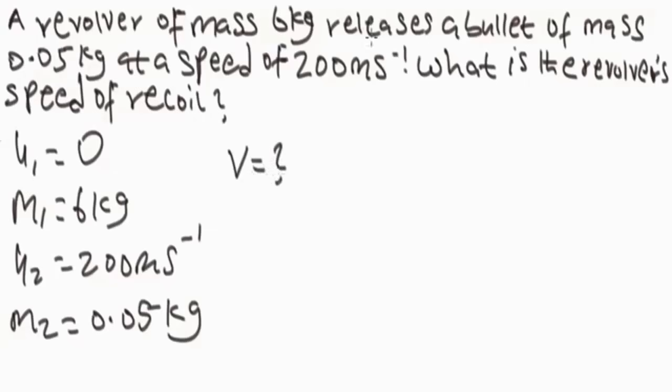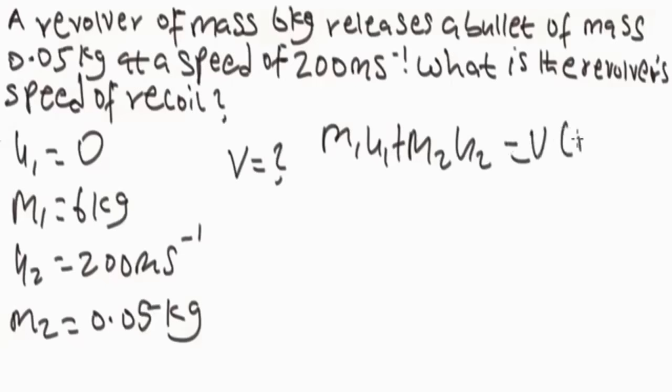Now we're going to apply, this is perfectly inelastic collision. We're going to apply m1u1 plus m2u2 equals v in bracket m1 plus m2.